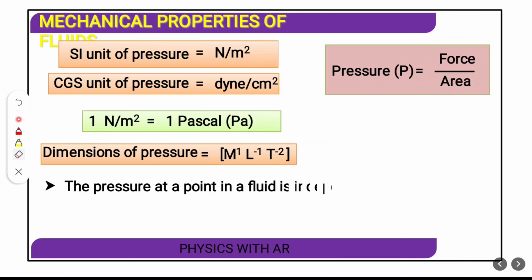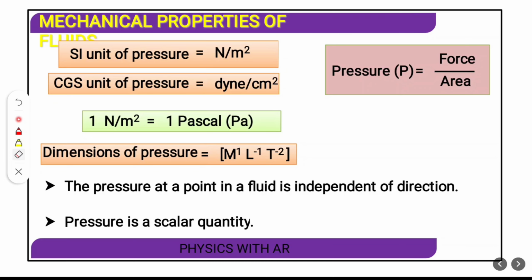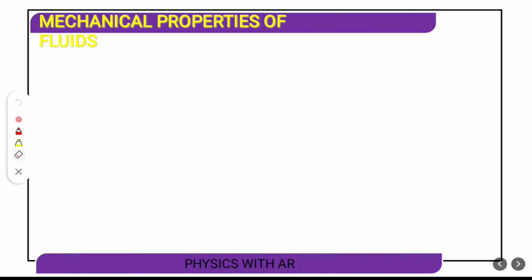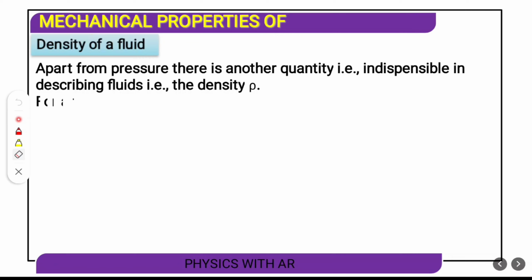Pressure at a point in a fluid is independent of direction. With the help of this, pressure is a scalar quantity. Regarding the further concept, the density of a fluid.